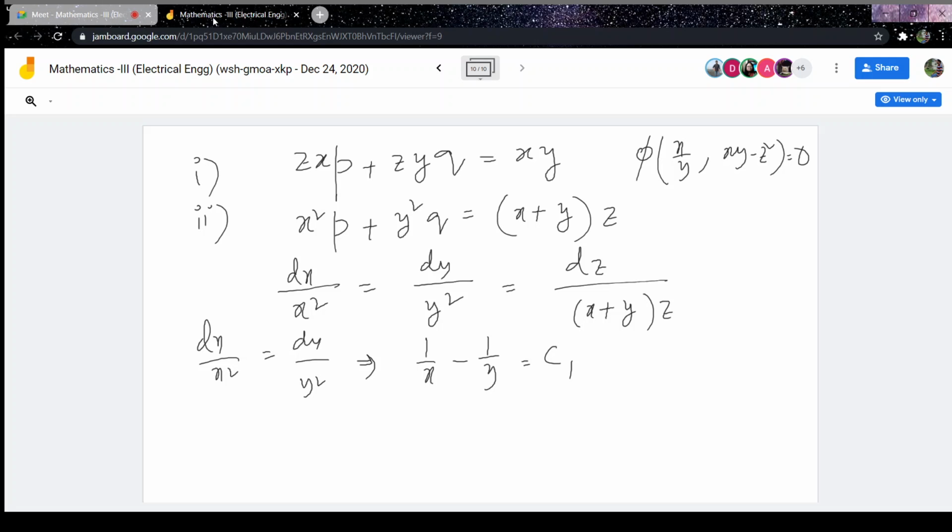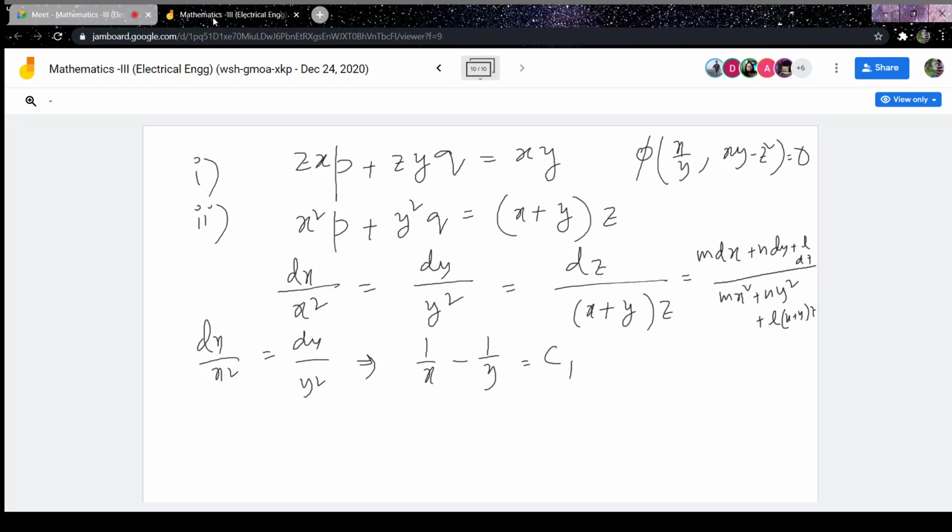And suppose I multiply m dx, n dy, and another, say, l dz; I cannot use pqrst. So this will be mx square plus ny square plus l x plus y into z.